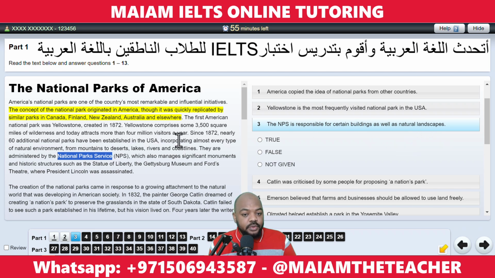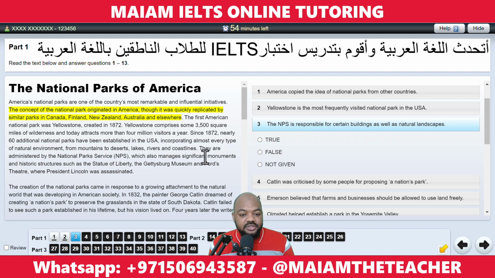So let's continue. Let's go back to this. Since 1872, nearly 60 additional national parks have been established in the USA, incorporating almost every type of natural environment, from mountains to deserts, lakes, rivers, and coastlines. They're administered by the National Park Service, which also manages significant monuments and historic structures such as the Statue of Liberty. So they do, yes, these are the certain buildings.